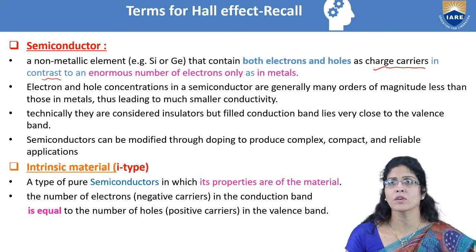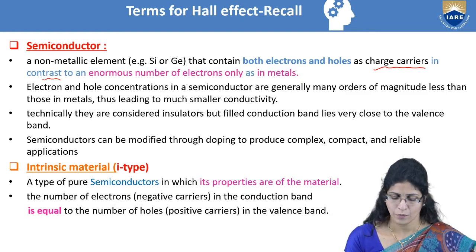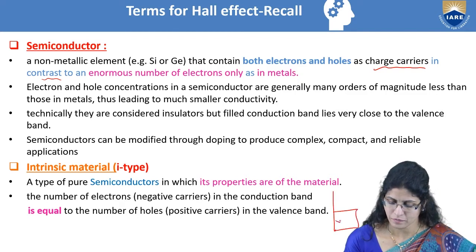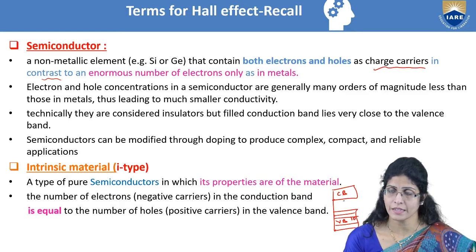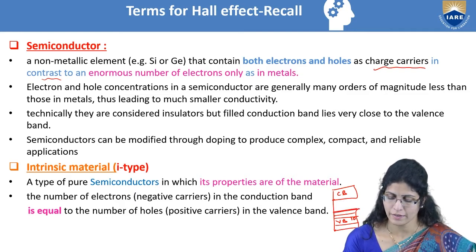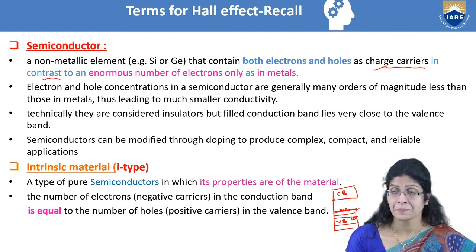So the number of electrons in the conduction band will be equal to the number of holes in the valence band when temperature is raised. That's what is happening here. Valence band and the conduction band, if suppose 10 electrons are there, then when you give energy, the electrons lying in the topmost level will respond, and they will excite to the higher energy levels into the conduction band, taking the energy you give.